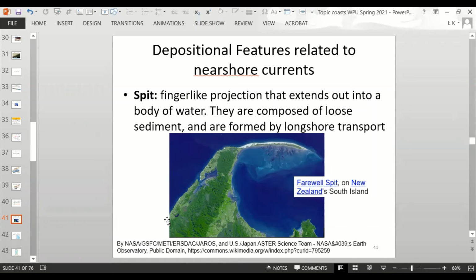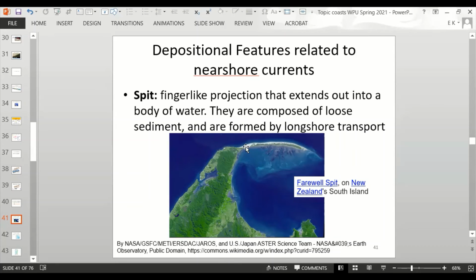Okay, so in this case, you have longshore transport that would occur along the coast here, moving, moving, moving. And then here's the end of the coast, but the longshore transport kept moving.